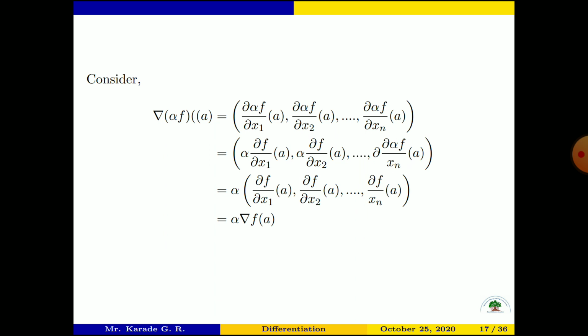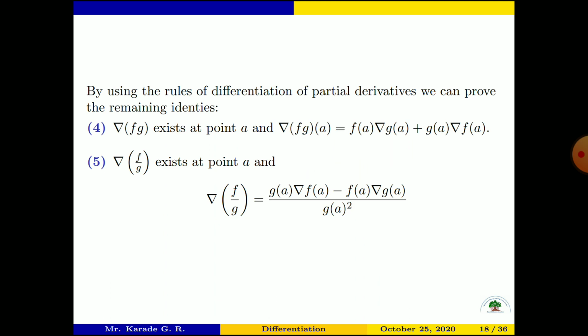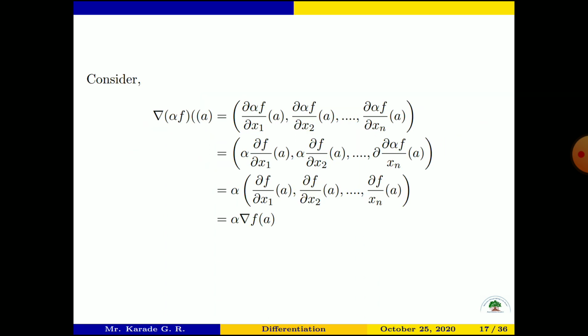So alpha times the bracket dou f by dou x1 at A, dou f by dou x2 at A, dot dot dot, dou f by dou xn at A. The bracket is nothing but del f of A. So finally we have proved that del alpha f at A is equal to alpha times del f of A.